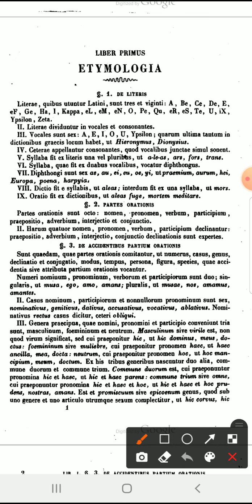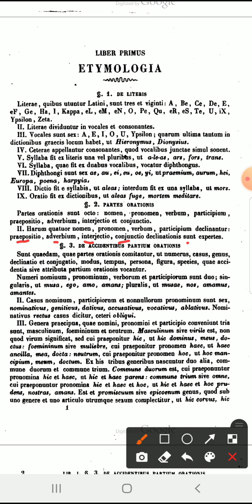And then in the second half of rule number 2, we read prepositio, adverbium, interjectio, conjunctio, declinationis sunt expertes. The preposition, adverb, interjection, and conjunction, declinationis, of declension, sunt, are, expertes, excepted or free from.